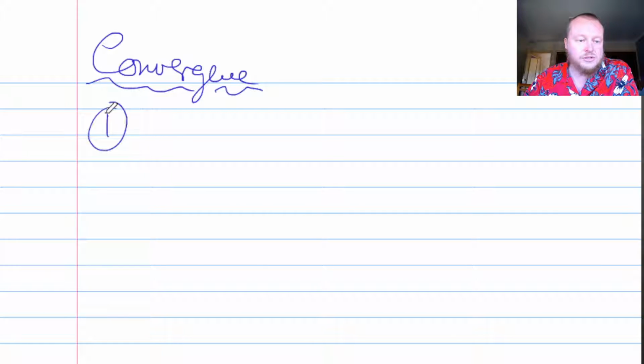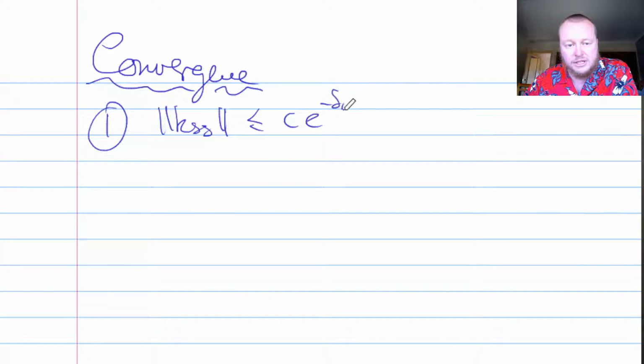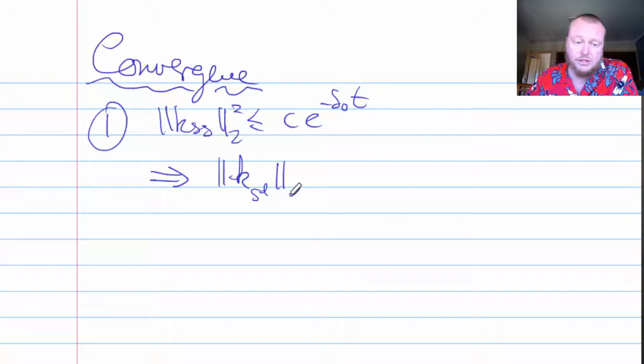So first, because we have K_ss bounded by, so if we have exponential decay for this quantity, that means that we actually have exponential decay for everything. Why? Even in L infinity, it's everything.